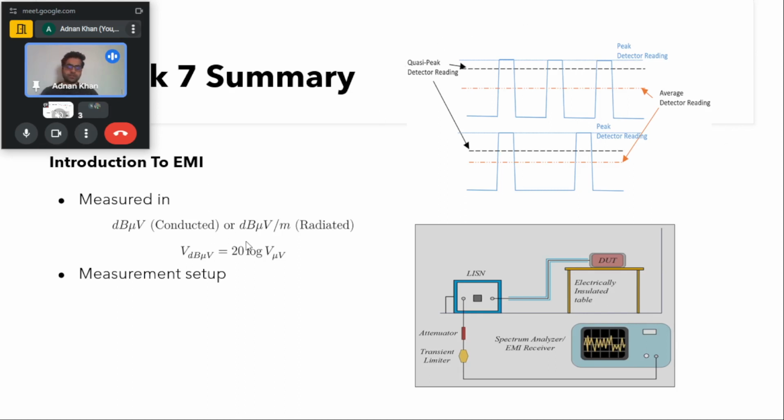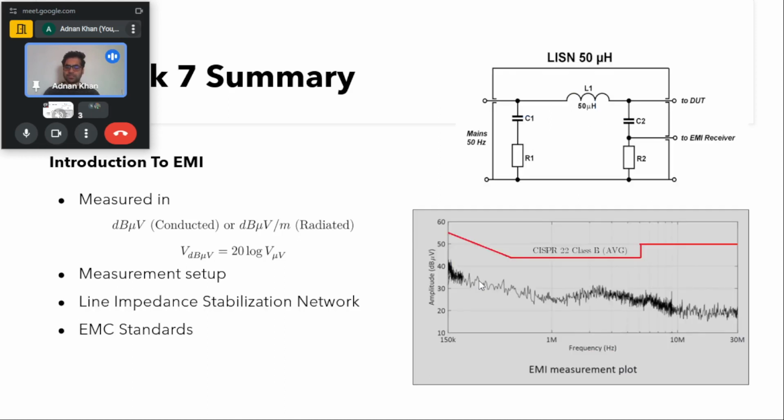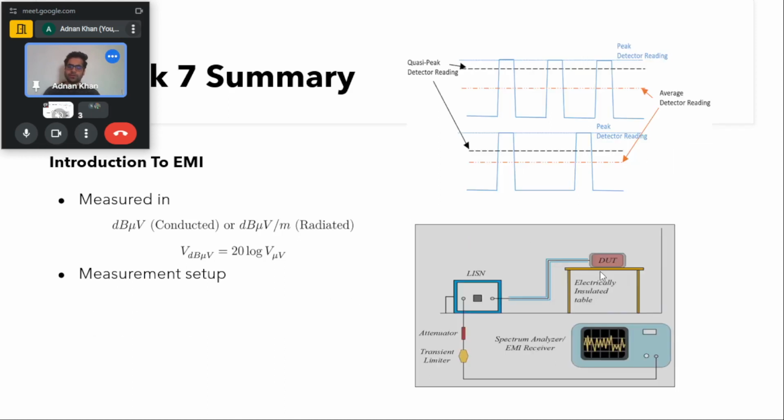The measurement setup that is used to measure this EMI is called LISN, the line impedance stabilization network. Usually we have an isolated setup which is shielded from outside interference.